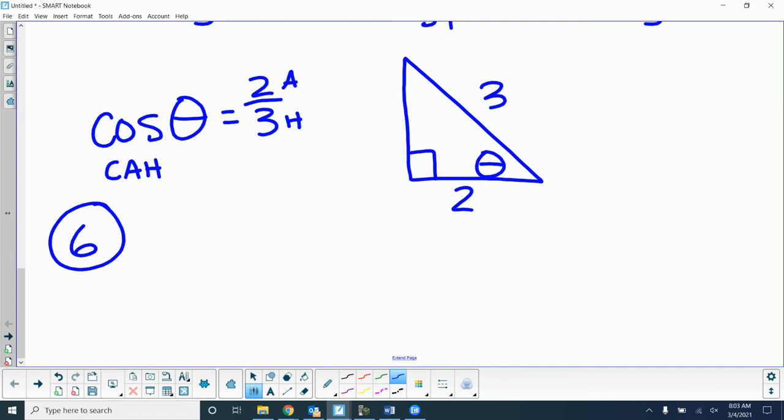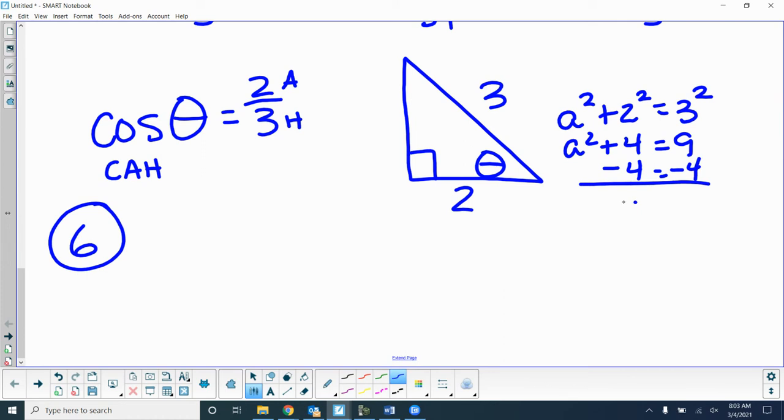So I have to do Pythagorean again to get this side, this leg opposite the theta angle. So A squared plus 2 squared equals 3 squared. So A squared plus 4 equals 9.